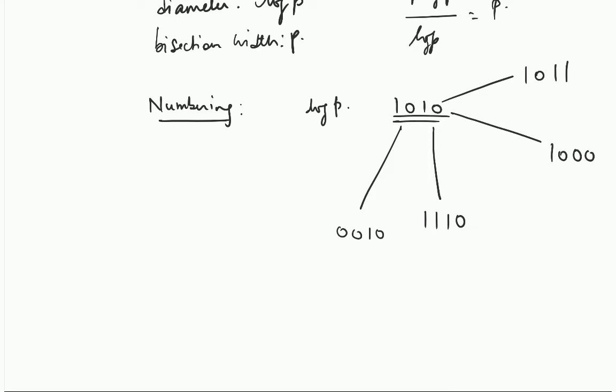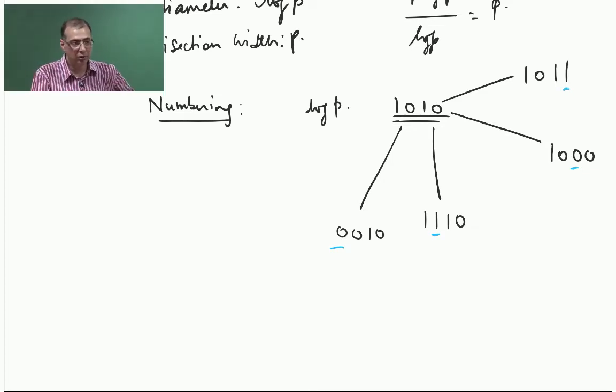Is that clear? Only the first bit has changed, only the second bit has changed, only the third bit has changed, only the fourth bit has changed from the ID of the original node. Yeah? So that's an interesting property that you can build for hypercubes. Okay?